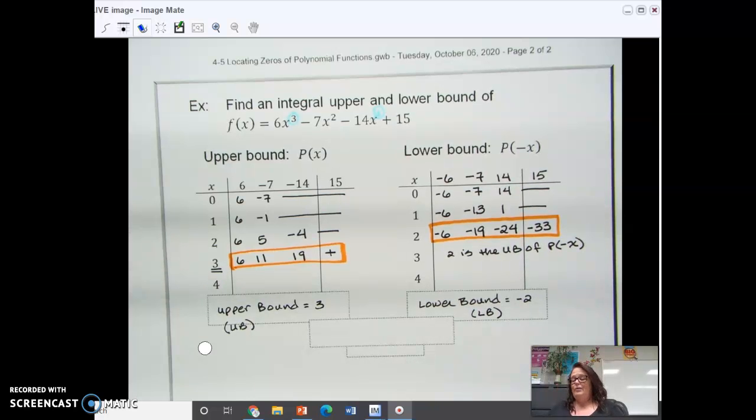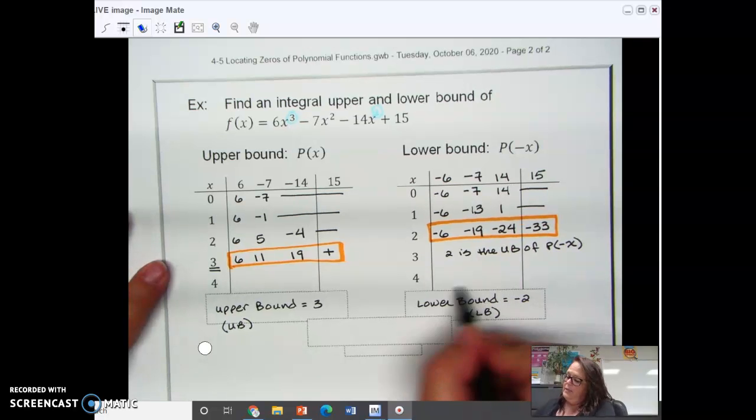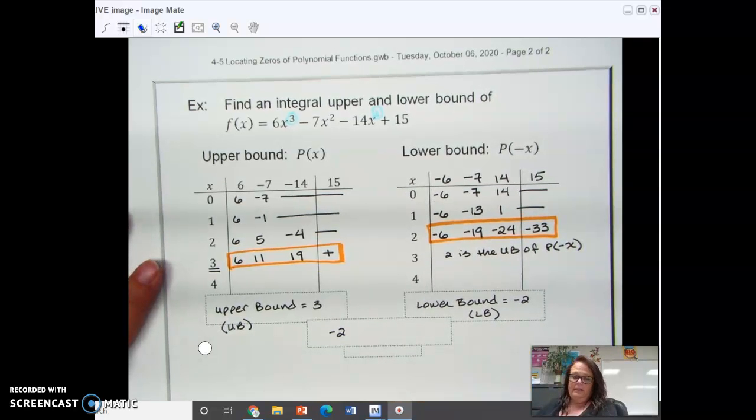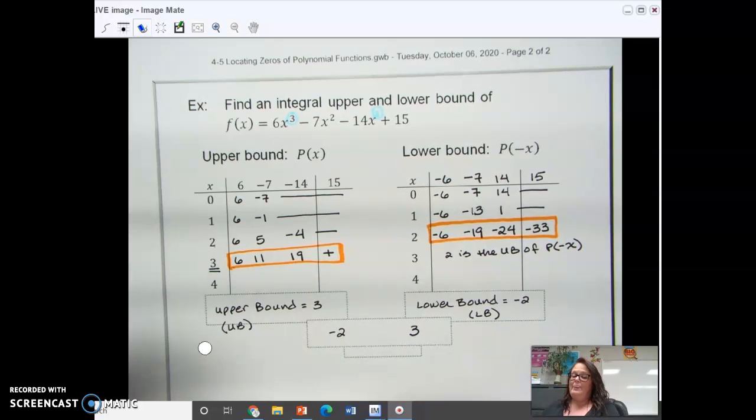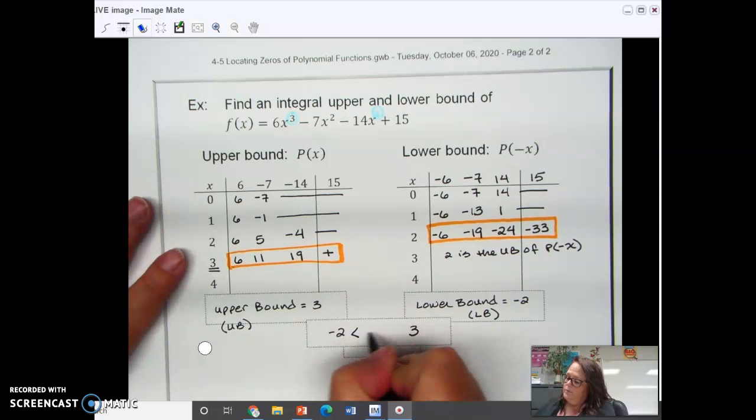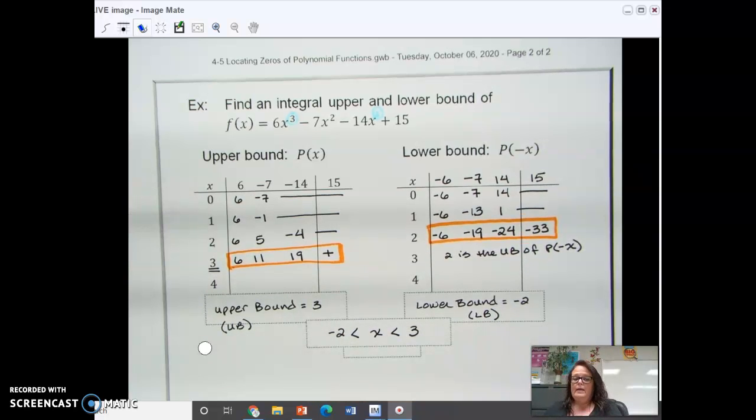So I'm going to put the negative 2 on the left because it's the smallest number, and I'm going to put the biggest number on the right, and that means that all of my zeros lie between these two values. So if I check every integer value between negative 2 and positive 3, and I don't find a 0, then I don't have any zeros of that function that are real.